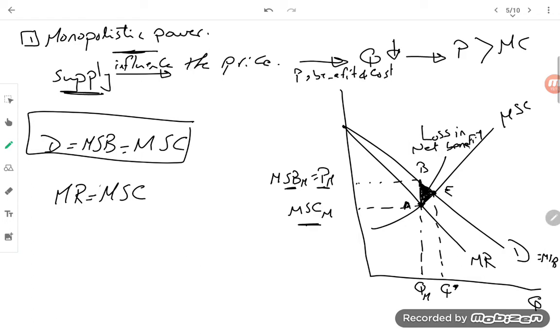At this point, which is point A, the price will be BM at point B, and the cost will be at point A. So there is a loss in net benefit equivalent to the area of the triangle AEB.